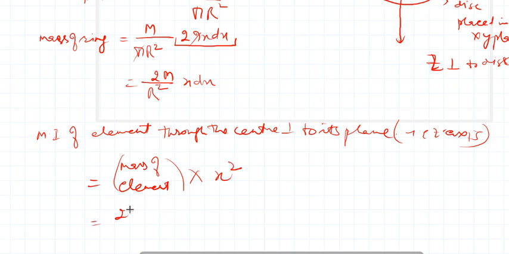So it is 2m over r square x dx into x square.